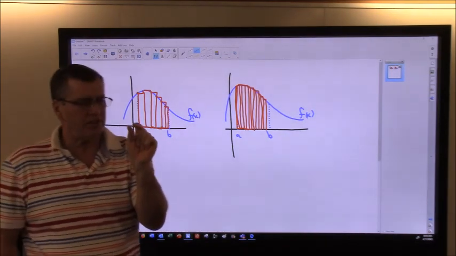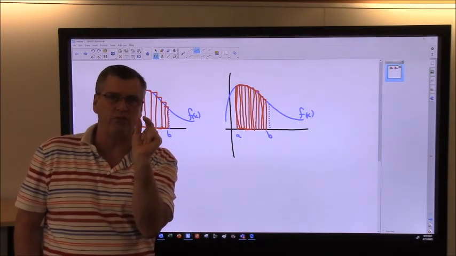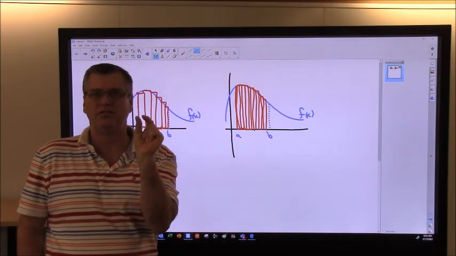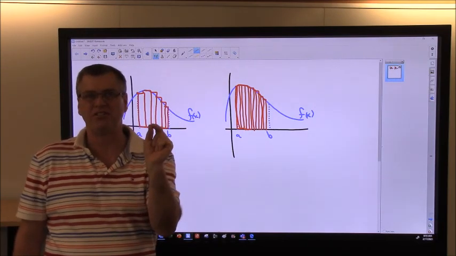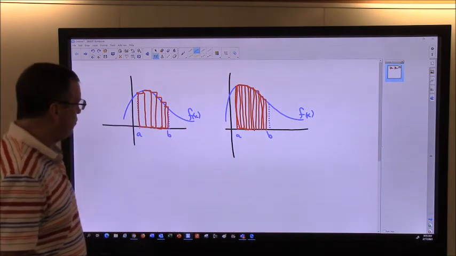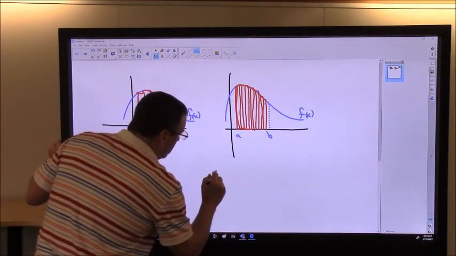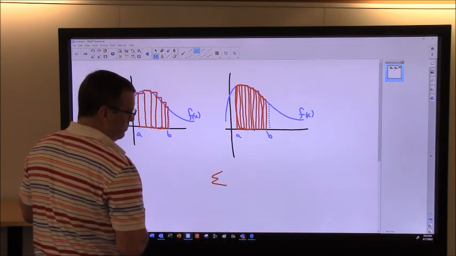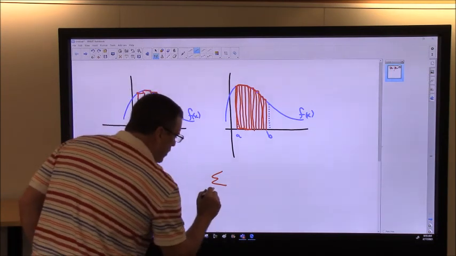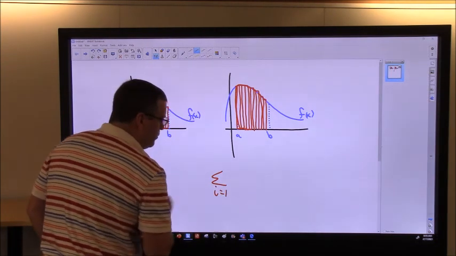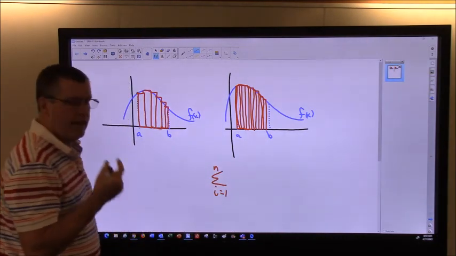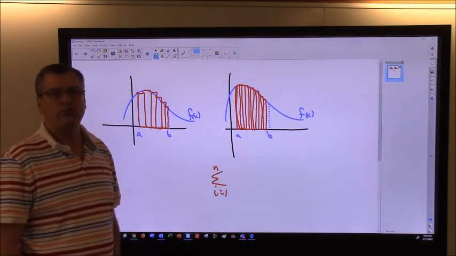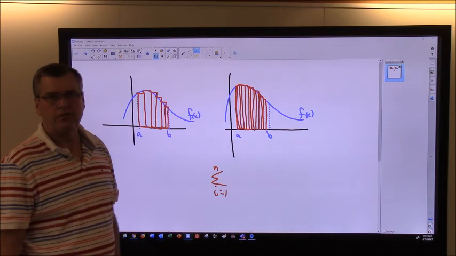Probably taking a limit as the width of each rectangle approaches what? 0, right? And so what I really want to do here is a summation for, let's just say, i equals 1 to n, where n is the number of rectangles that I'm trying to add up.